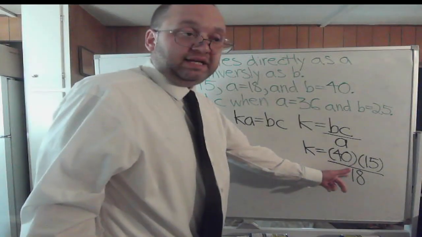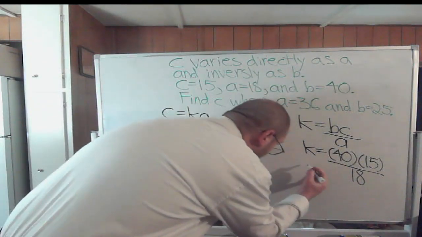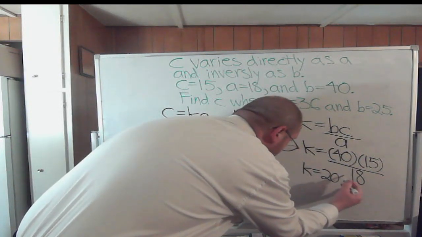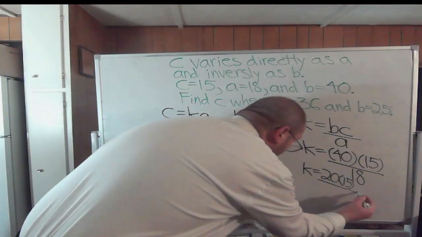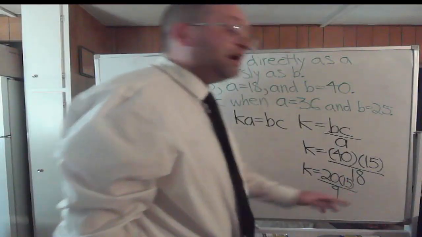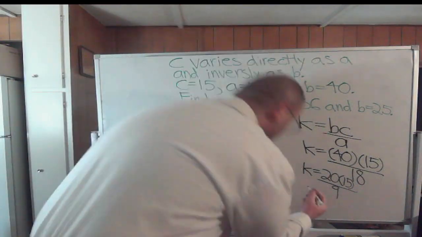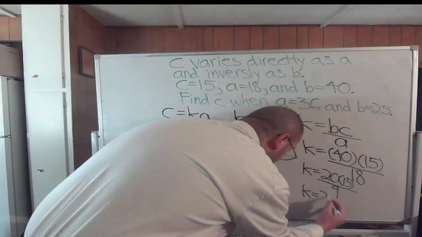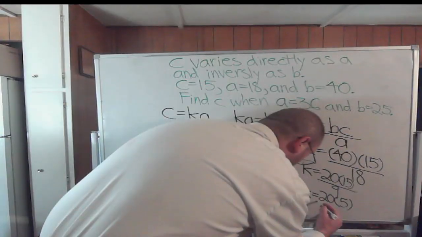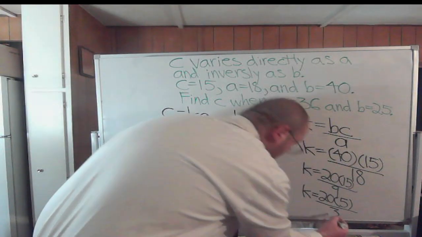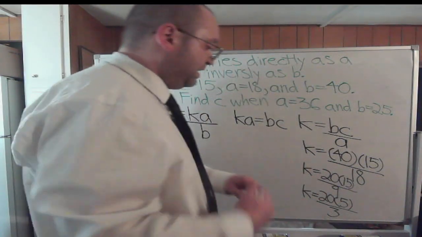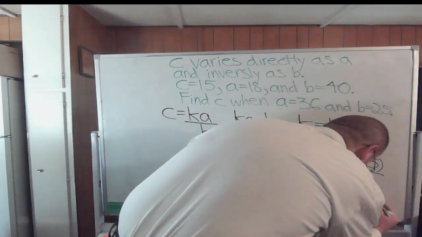Between 40 and 18, there's a common 2, is there not? So K, if you divide 40 by 2, you get 20 times the 15 over 18 divided by 2, which is 9. Now between 15 and 9, there's a common factor of 3. So you'll get K equals 20 times 15 divided by 3, that's 5, over 9 divided by 3, which is 3. So you have K equals 20 times 5 over 3, which we know is 100 over 3.